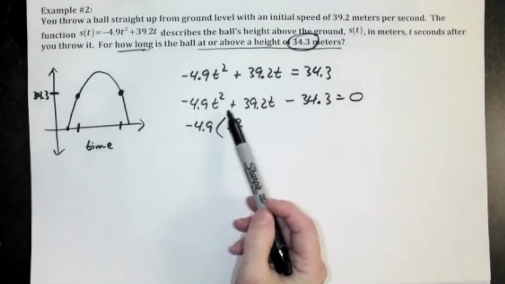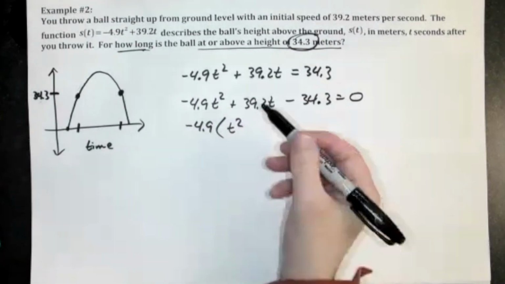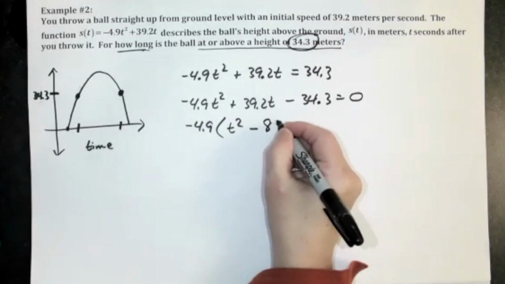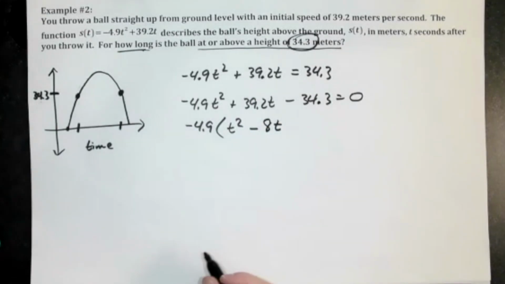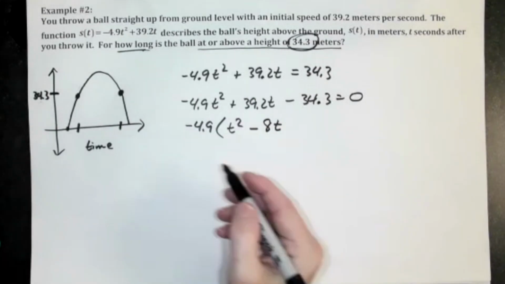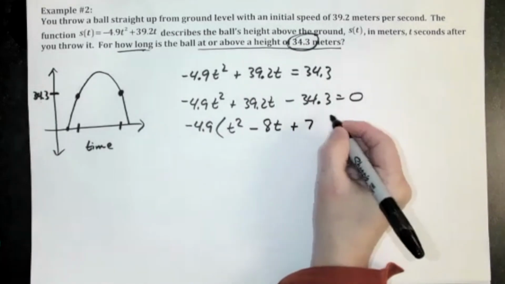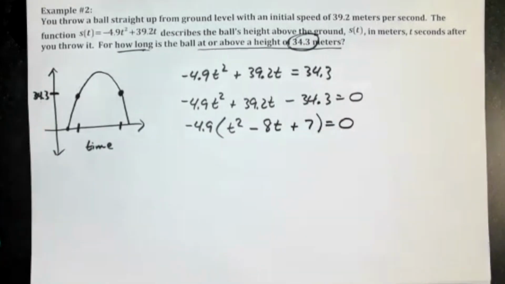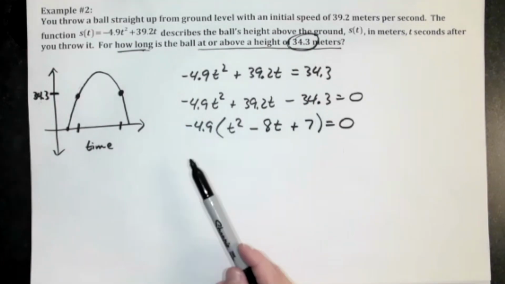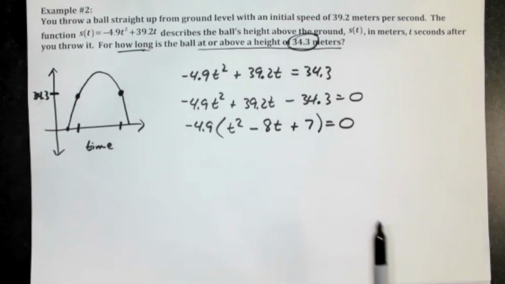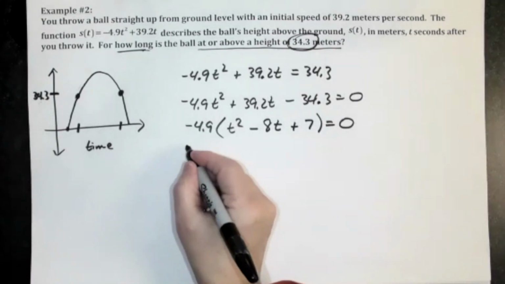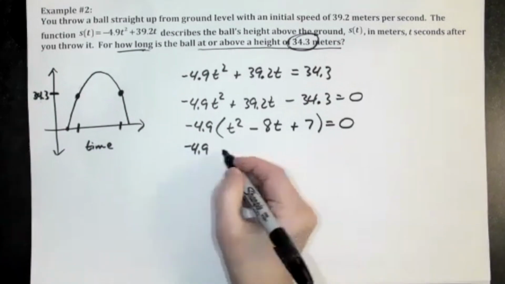When I take out a negative, I believe this comes out to a nice little 8t. And since I'm taking out a negative, it'll be a plus, and I believe that's 7. The one good thing they will do for you is whatever equation they give you, they're going to factor, because that's the technique we've done up to this point. We've taken our quadratics and factored them and solved them, so they're going to be nice like this. The negative 4.9 is going to stay out there in front.